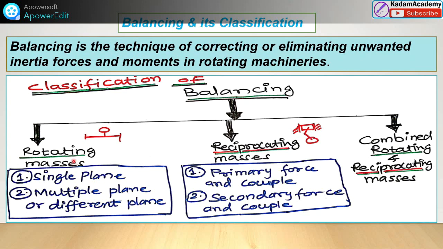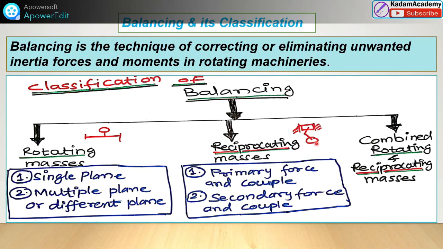In the first, rotating masses, there is a single plane or multiple planes, different planes. These are the two types under the rotating masses. Similarly, in reciprocating, you can visualize an IC engine.